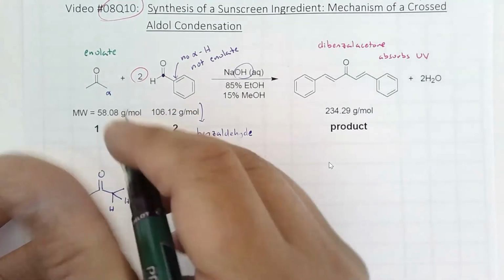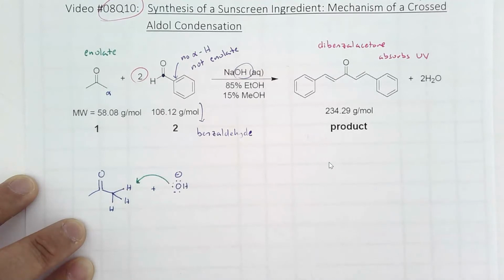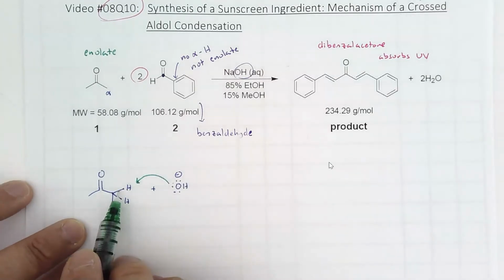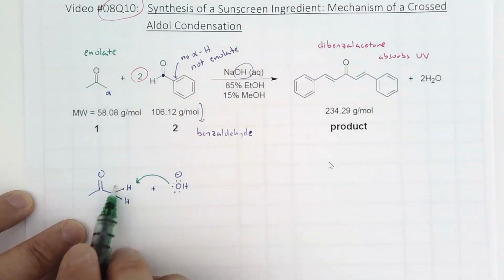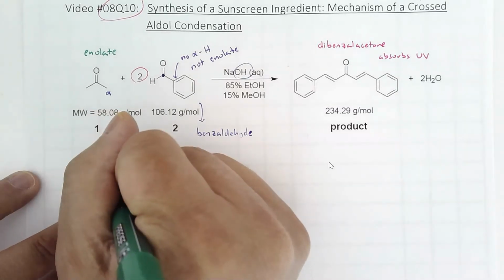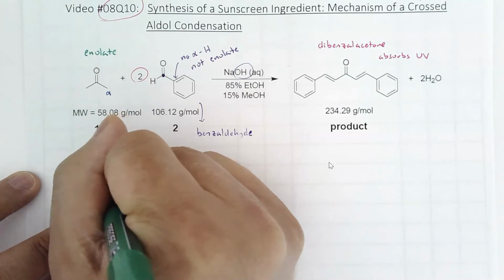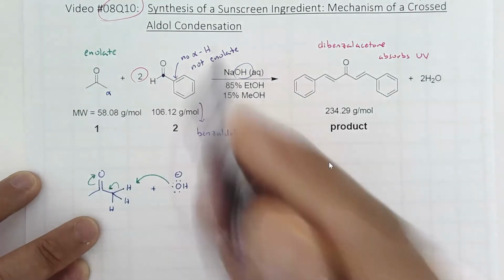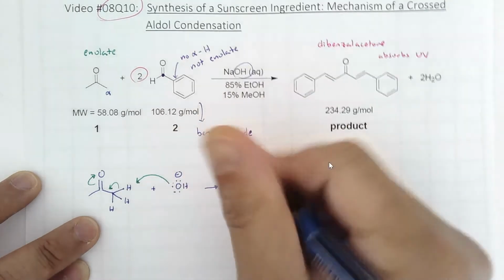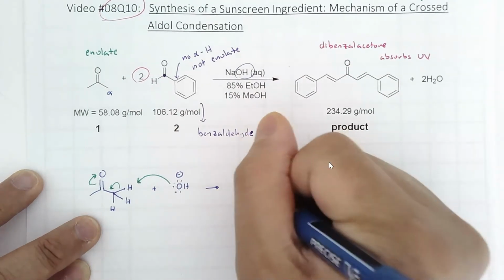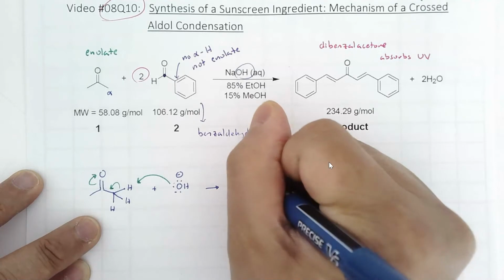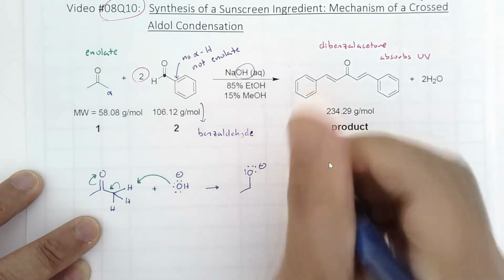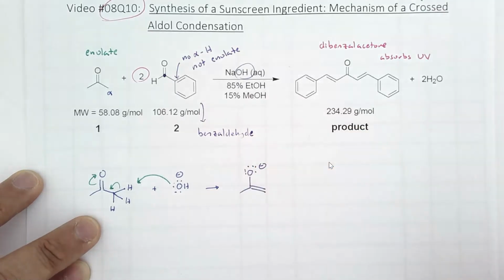Base grabs a proton. Now, sometimes the professor will allow you to put the two electrons onto the carbon to make a carbon anion, but actually what happens is the oxygen anion is the preferred resonance, and we get this single bond up here to the oxygen, negatively charged, and we have that.